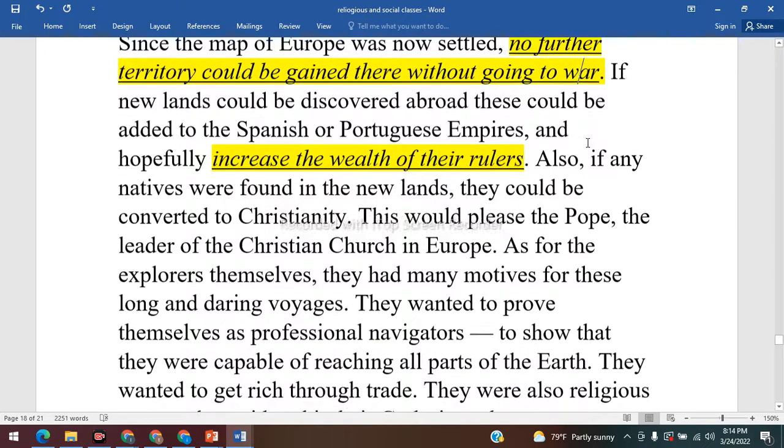Another thing is that they wanted to convert the natives to Christianity. Who are the natives? We talked about this last week. Who are the natives?